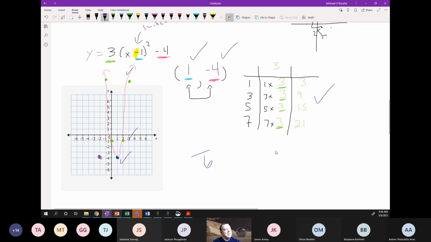So 1 mark for this part, 1 mark for this part, 1 mark for being able to make your new step pattern, 1 mark for getting your vertex where it should be, 1 mark for putting my green dots where they should be, and 1 mark for including the parabola.